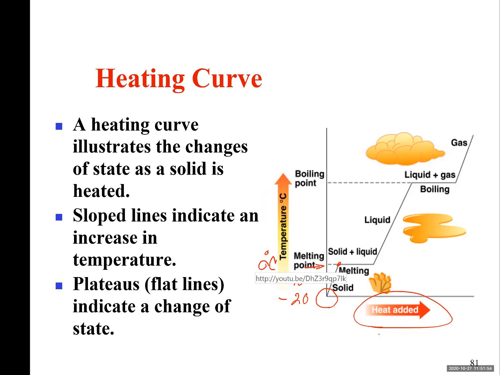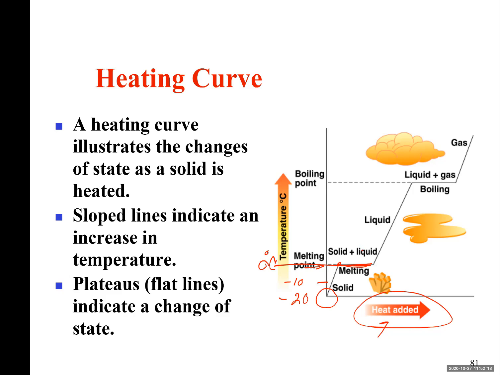When you get to the melting point of ice, you see the solid is melting. You are adding heat, but the temperature is not rising. See, temperature stays the same. You're adding heat. Temperature is not changing. So where is the heat going?